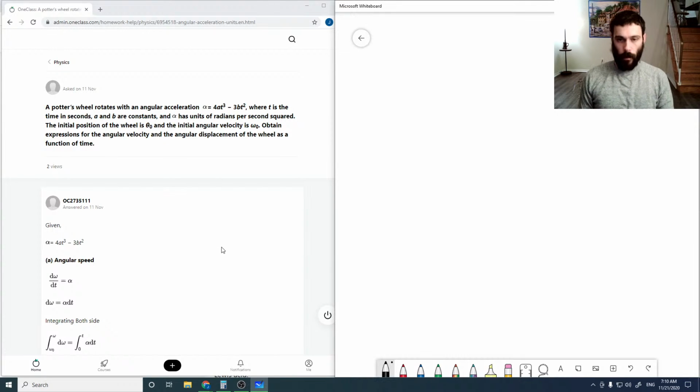So here I've got another rotational question. A potter's wheel rotates with an angular acceleration, where t is the time in seconds, a and b are constants, and alpha has units of radians per second squared.